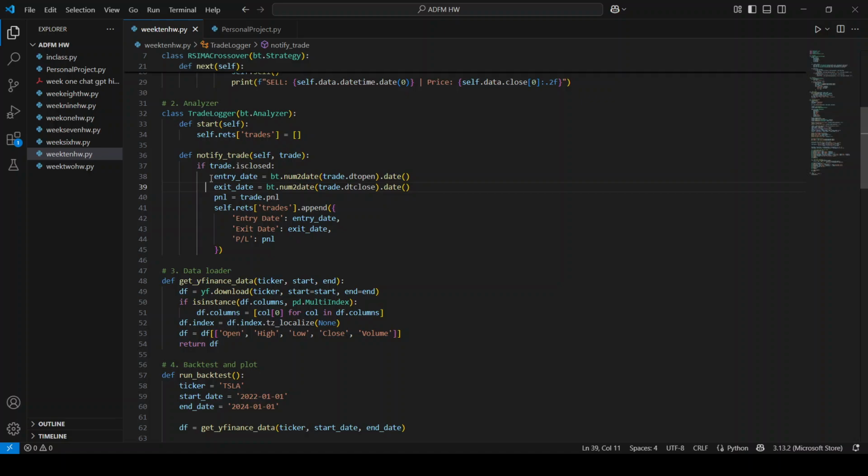This entry date will convert the trade's datetime to a normal date, and the P&L will get the profit or the loss from the trade.